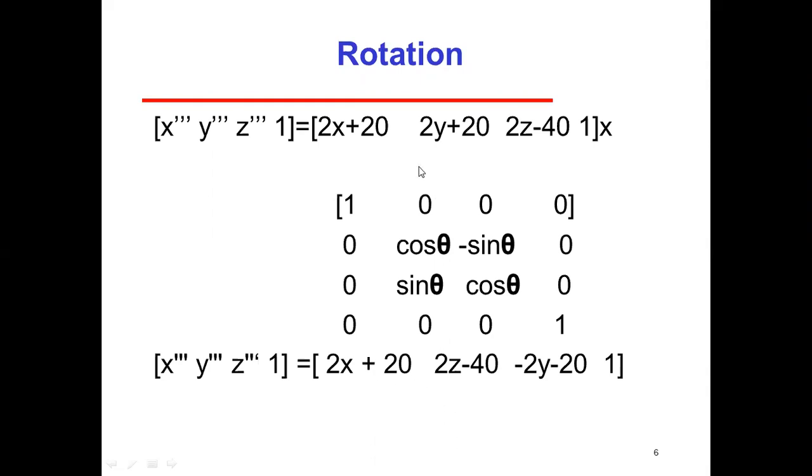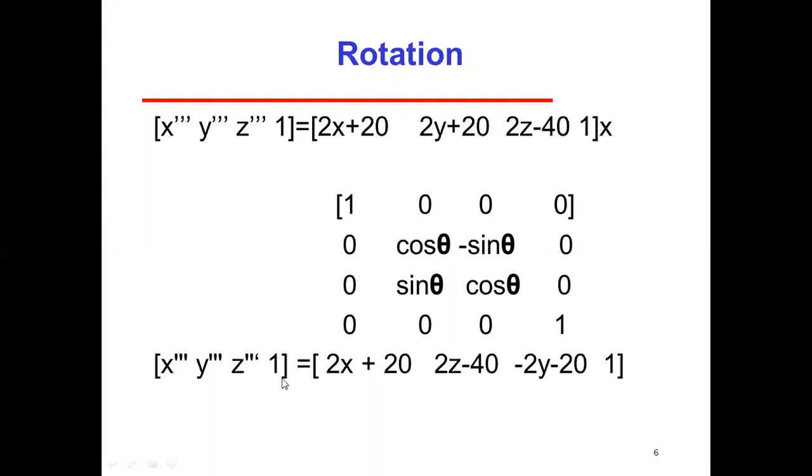After multiplication with this matrix, we will finally get 2x plus 20, 2z minus 40, minus 2y minus 20, and 1. Now we will compare x triple dash.